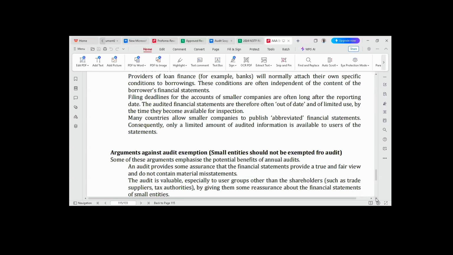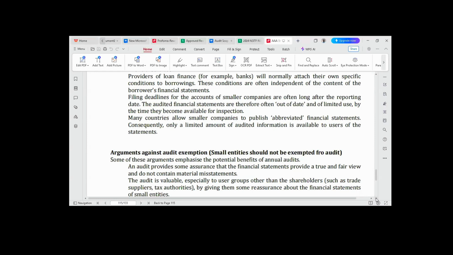Another disadvantage is that the audit is valuable, especially for user groups other than the shareholders. Now, how do you expect the other stakeholders, the minority interest, those other categories of shareholders that do not control the shares of the organization, to have assurance that their investment is intact?